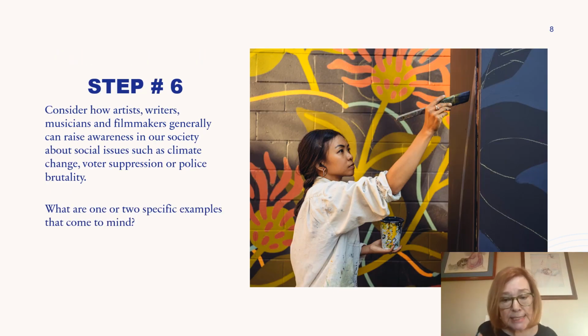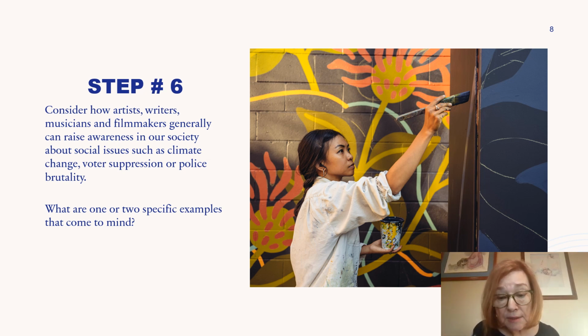And next to the last section, step 6, you're going to consider how artists or writers or other creatives generally can raise awareness in our society about social issues, climate change, voter suppression, sexism, and so on. But try to work with specific examples there. What have writers done?